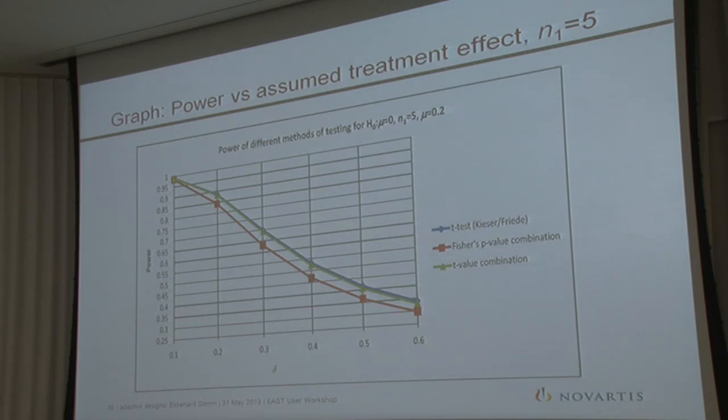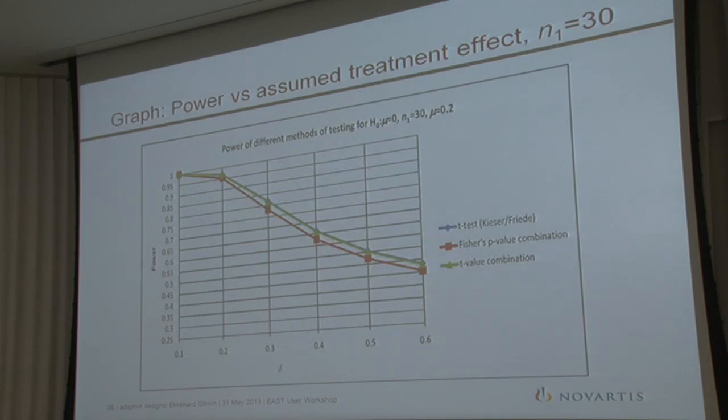And this is the graph that you get. So this is for 5 observations in stage 1. So very small number. You can see that the Fisher p-value combination loses some power. The unmodified t-test, from which we don't know whether it keeps the type 1 error or not in this situation, is a tinsy-wincy little bit better than this t-value combination.